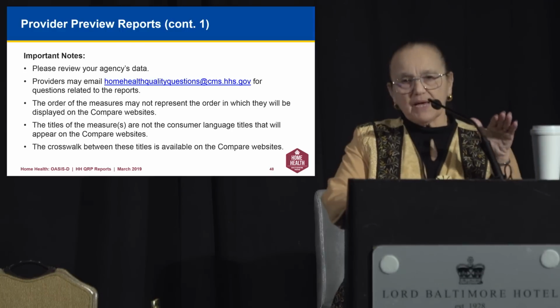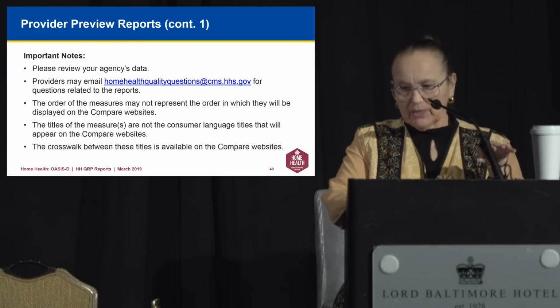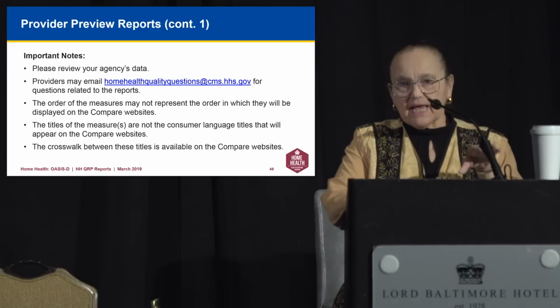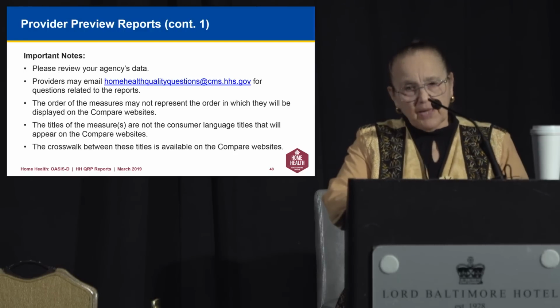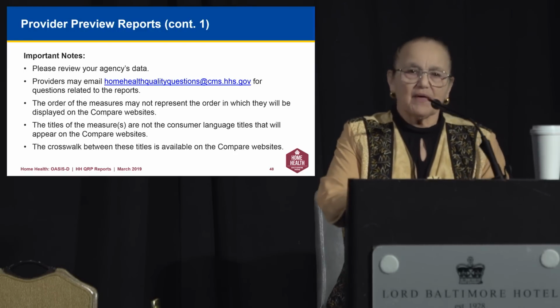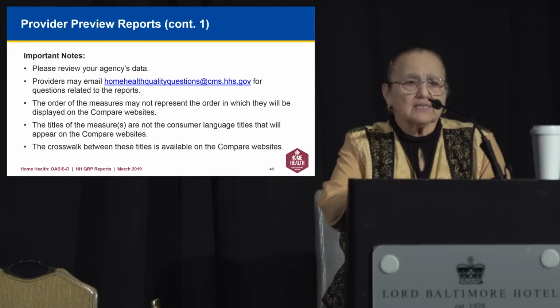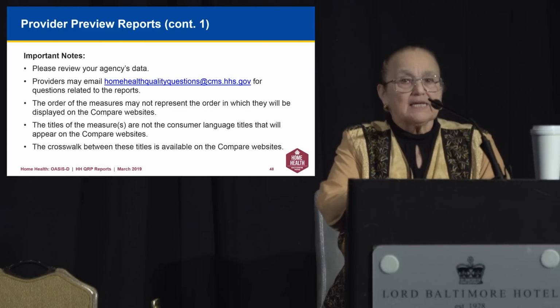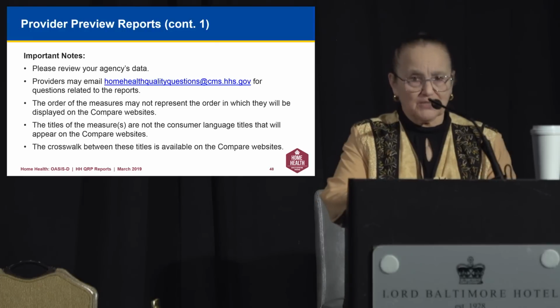The order of the measures on the report that you're looking at may not be the same when it appears on Home Health Compare. Remember that the information that is actually on the screen in Home Health Compare is intended for the layperson.